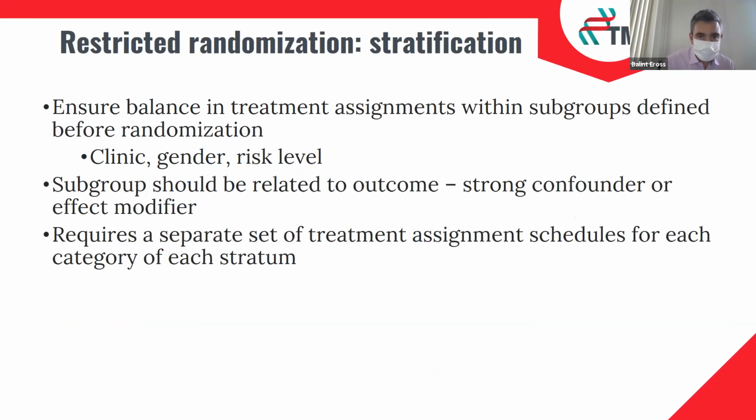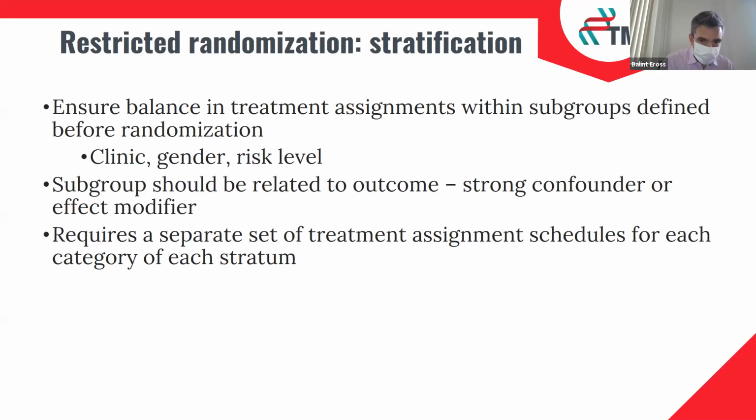The other type of restricted randomization is stratification. It can ensure balance in treatment assignments within subgroups defined before randomization. The most common types of stratified randomization are: you stratify for the actual site, the actual clinic, the actual hospital; you stratify for gender, for a risk level, for a stage of cancer, for BMI, as we saw.